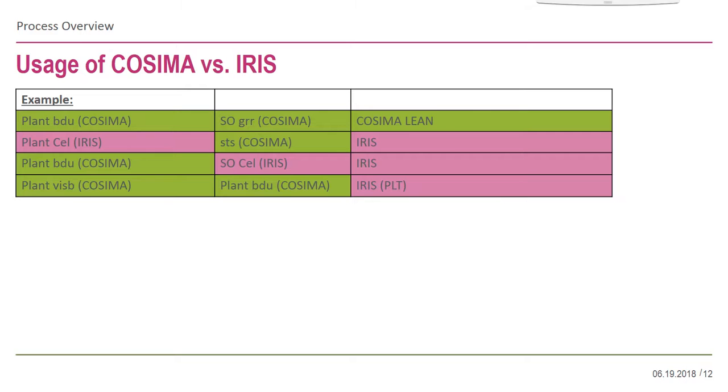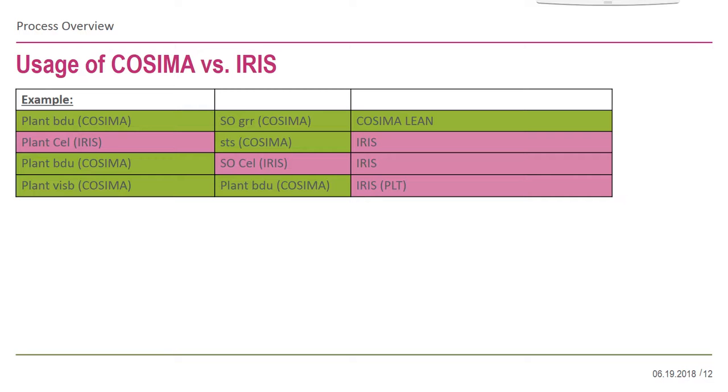Now we'll move into a chart that will outline the usage of Cosima versus Iris, and this is basically explaining when to use Cosima and when to use Iris. For now, until Cosima is rolled out to the entire Americas, there is only one situation in which Cosima Lean will be used, and that is if the plant has Cosima rolled out and the sales office has Cosima rolled out.